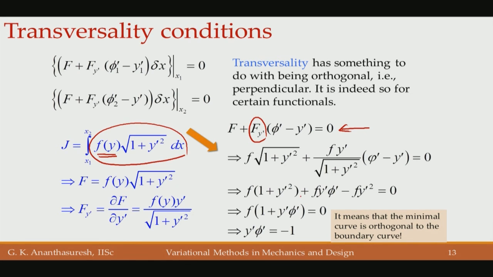If you simplify as it is done here, you would end up seeing y prime phi prime is equal to minus 1. What does that mean? We are looking at the phi of x curve and the y of x curve, and their derivatives at that end point, the product of the derivatives, is equal to minus 1.